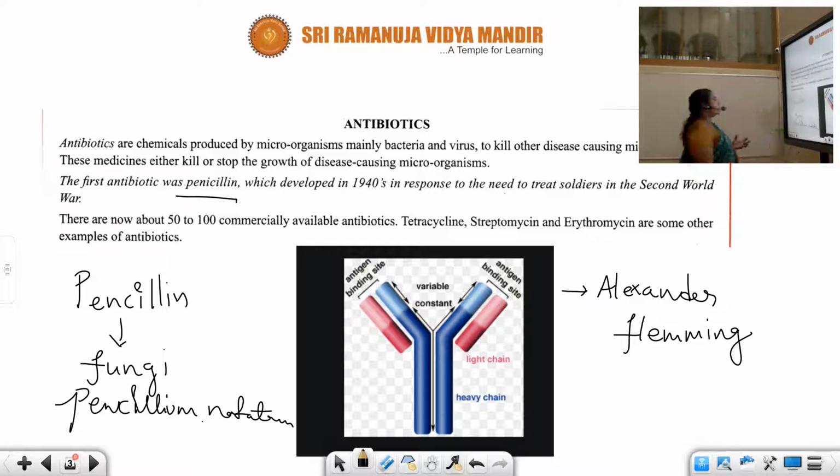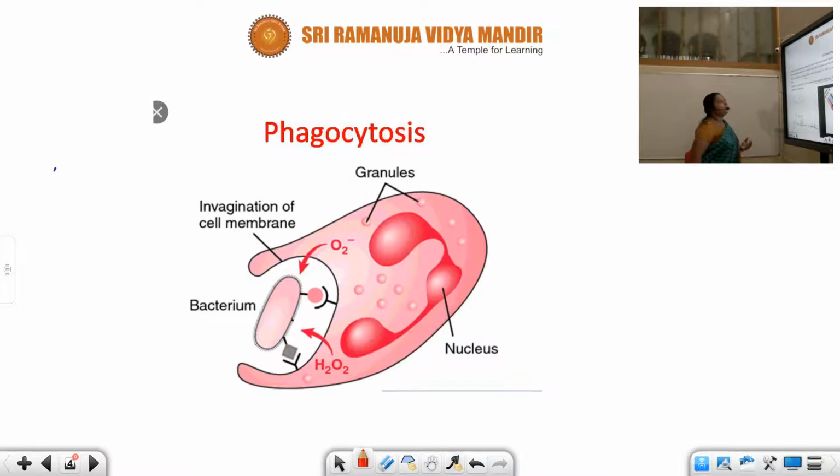Understand? Now see, there are nearly 50 to 100 commercially available antibiotics. Out of that, tetracycline, streptomycin and erythromycin are some of the best examples of generally used antibiotics. Now see, phagocytosis.